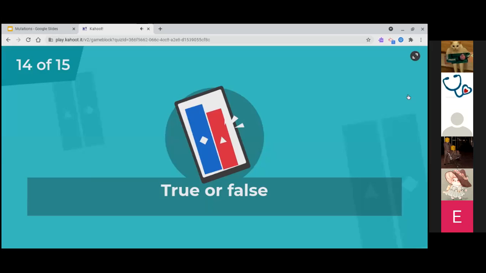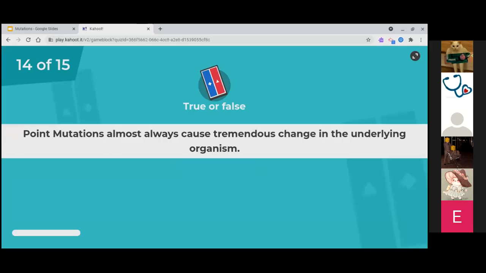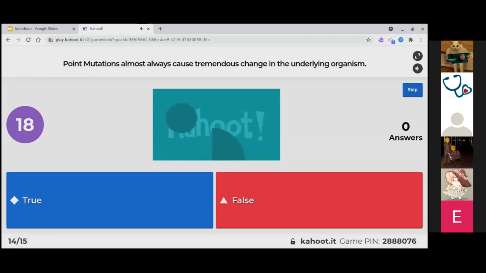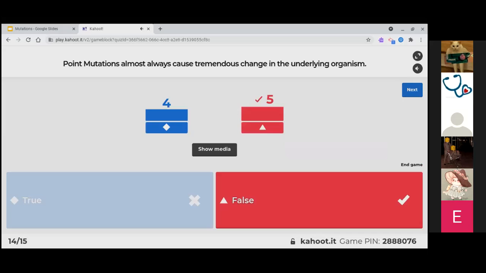Okay, so next we have a true or false question. Point mutations almost always cause tremendous change in the underlying organism. Is that true or false? Okay, so then we got a 50-50.